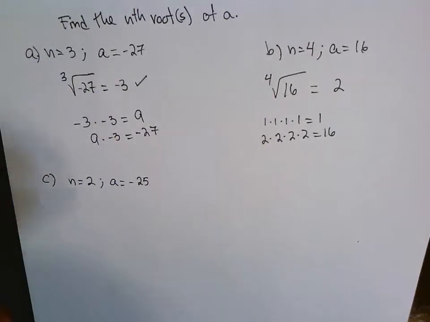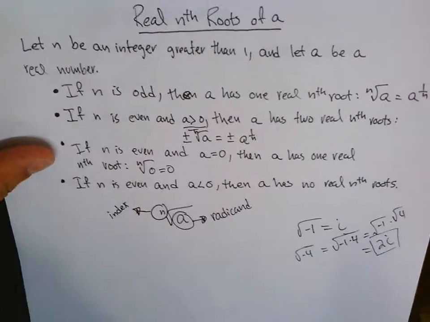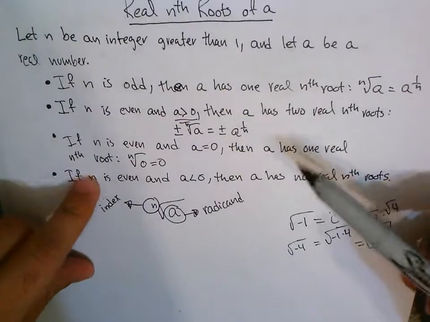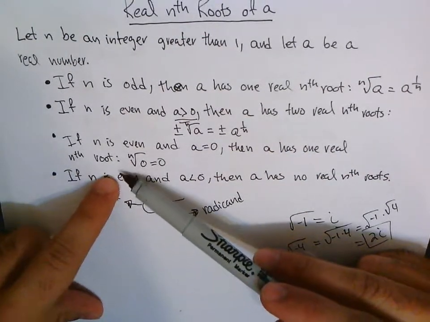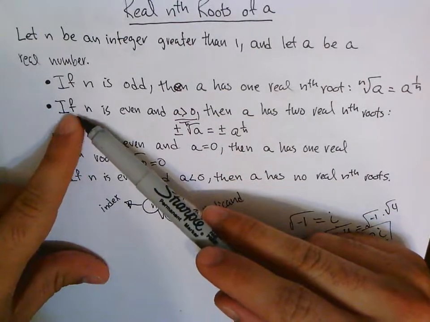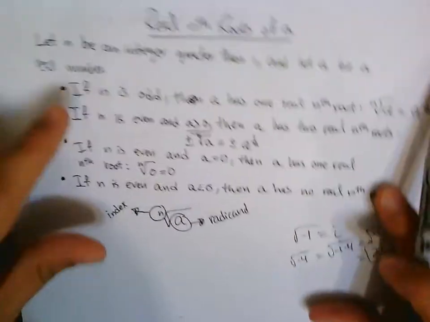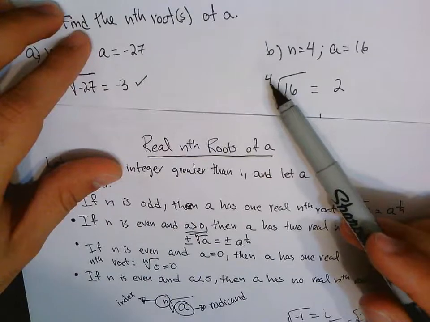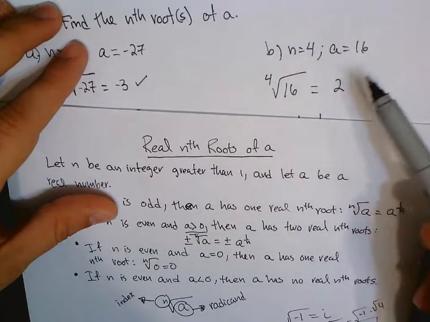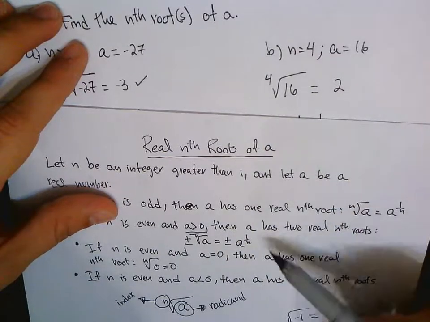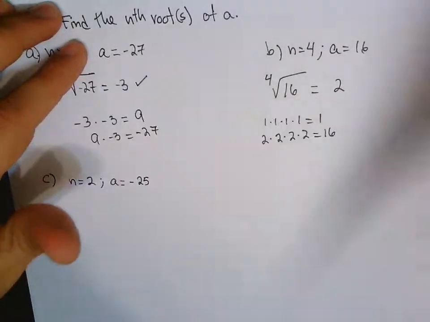But if you reference this list, we have this rule that says if n is even, in this case n is positive 4, and the value of a, which is 16, is greater than 0, is positive, then we have two real nth roots.